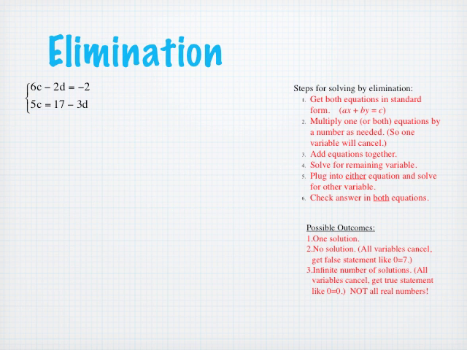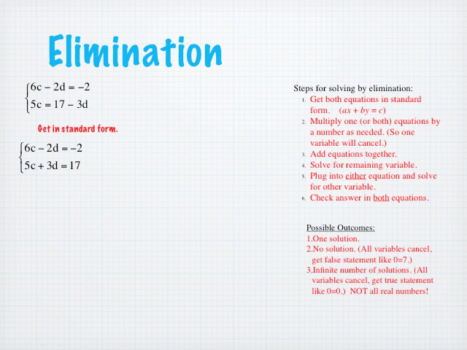What do you notice about this one that's a little bit different? Okay, this one, the second equation is not in standard form. I've got to have everything in standard form before I start. So put this one in standard form, add 3d to both sides. Now I want you to pause the video and do this one on your own.